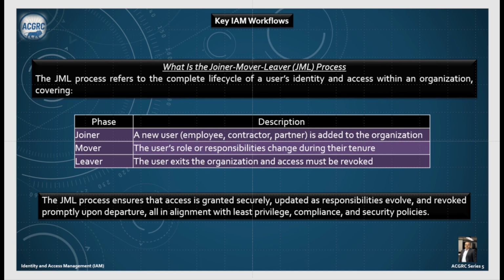Joiner: a new user, be it an employee or contractor or partner, is added to the organization. Mover is a state wherein the user's role or responsibility has changed during his tenure. And leaver is when the user exits the organization and access must be revoked.